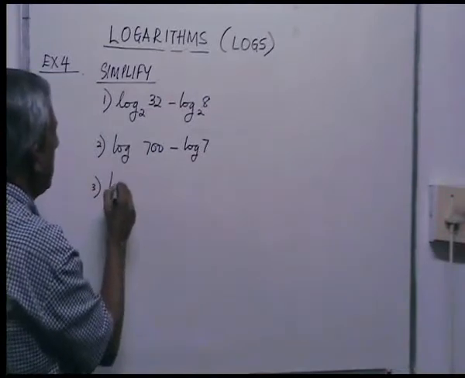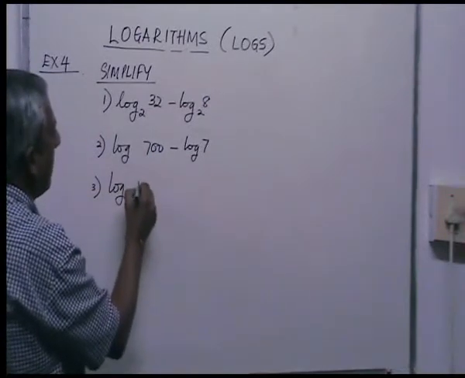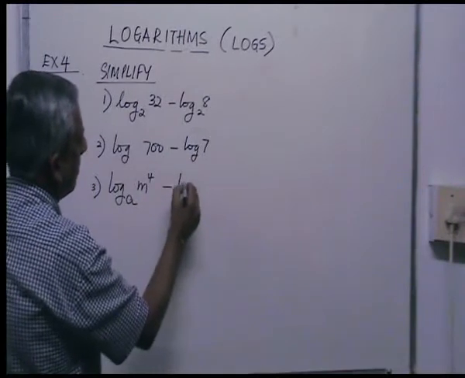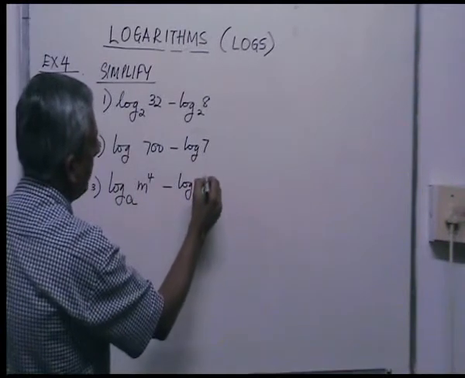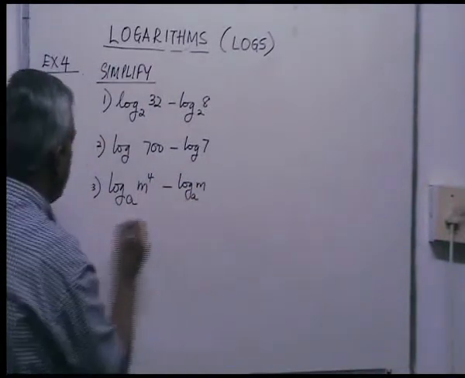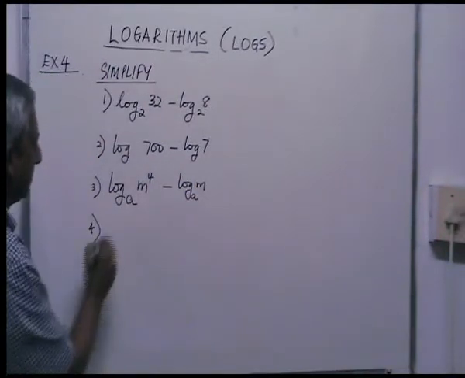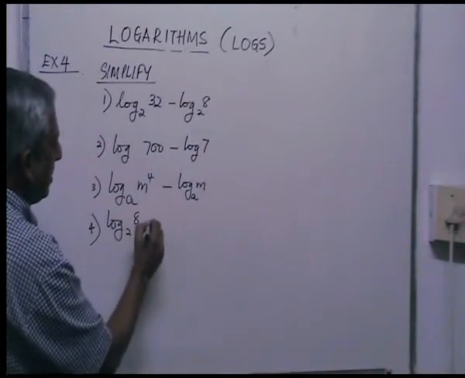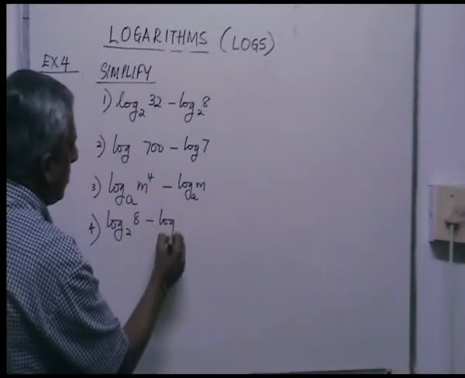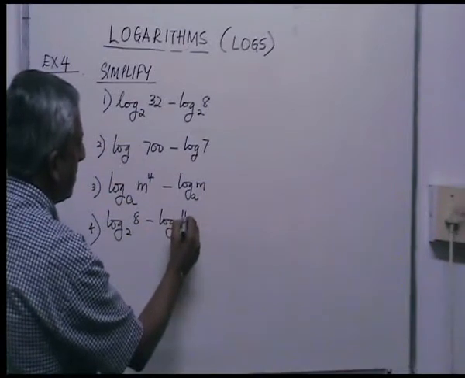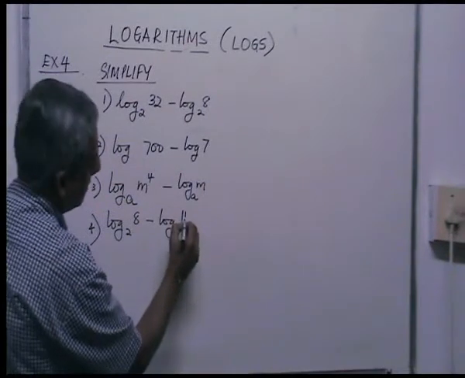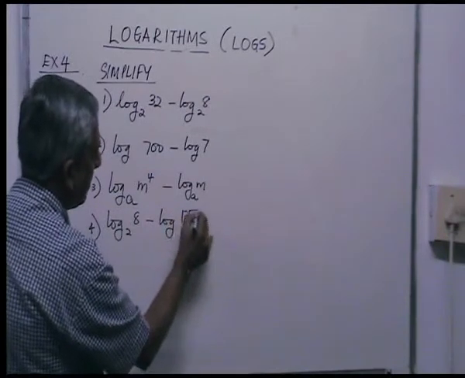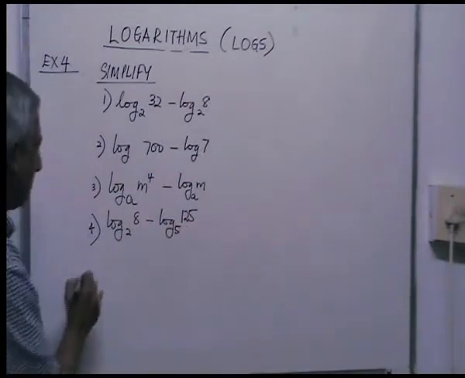Number 3, log of m to the 4 to the base a minus log of m to the base a. Number 4, log of 8 to the base 2 minus log of 125 to the base 5.